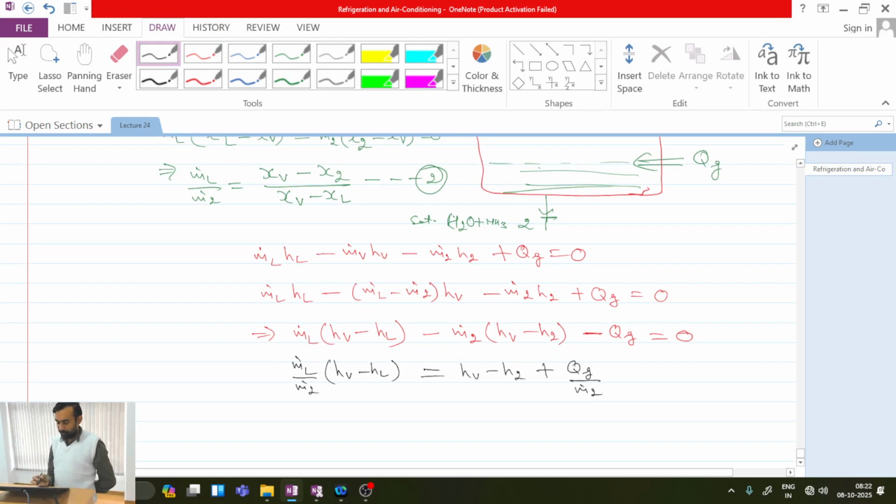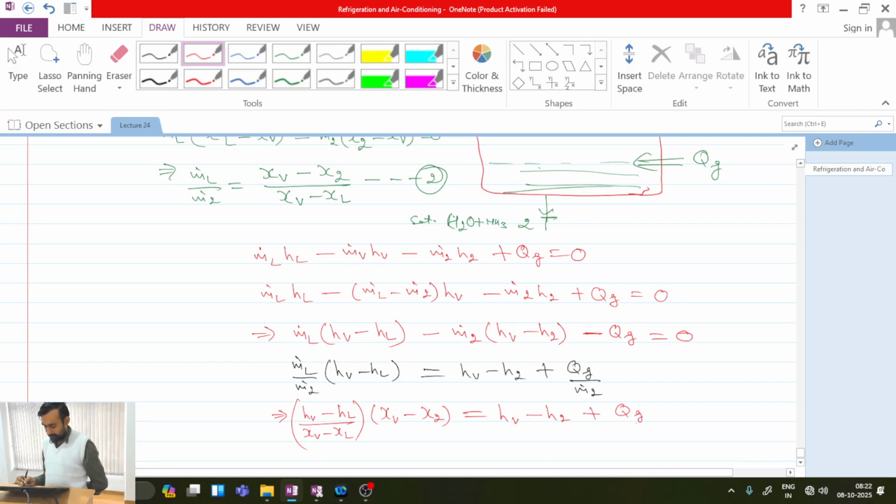m dot L by m dot 2 can be written as XV minus X2 divided by XV minus XL. So from here I will be getting HV minus HL divided by XV minus XL, into XV minus X2, is equal to HV minus H2 plus QG by m dot 2.